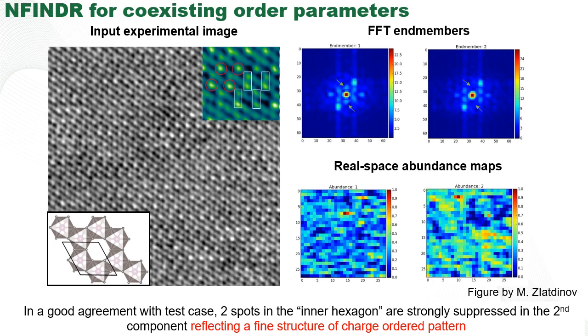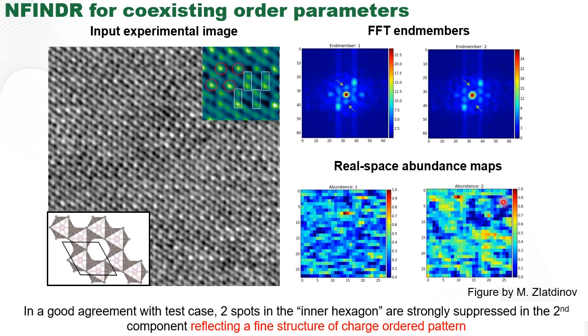And it turns out that in this case, we can also use this N-FINDR approach to look at the complex system. So in this case, it's a scanning tunneling microscopy image of ruthenium trichloride, a very famous material with Kitaev physics. We can look at this material and find the individual components and separate them using this method.